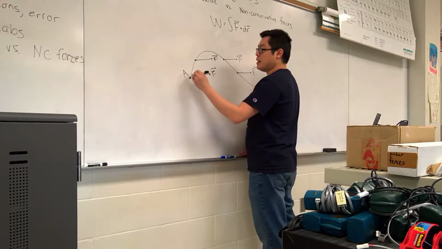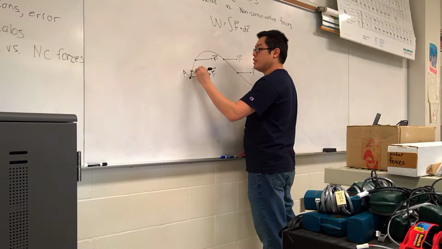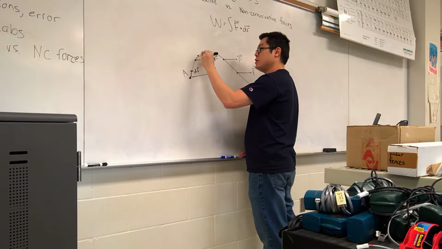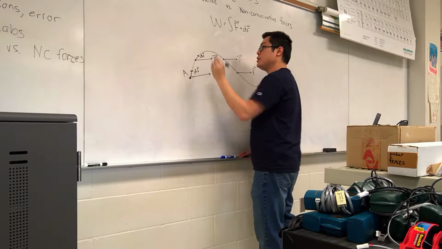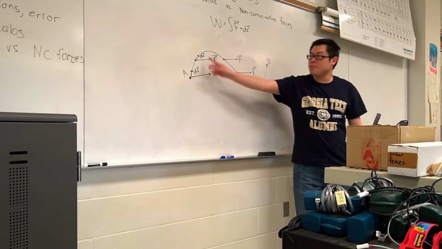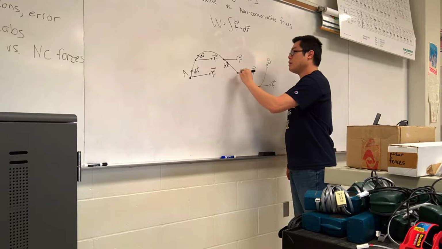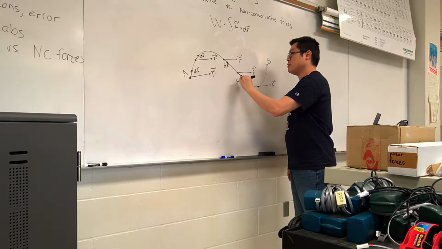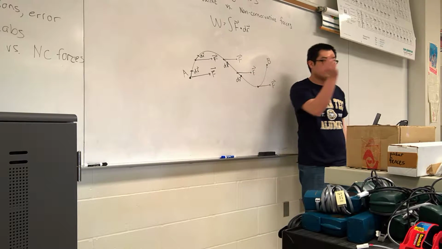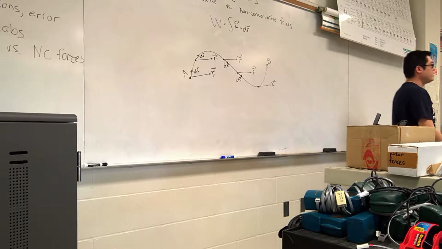So at every spot, its positional change, the r, is changing. Maybe it's going a little more up, maybe it's going a little more sideways, this time it's going a little down, right? When we write dr, what we're saying is an infinitesimal change of position.